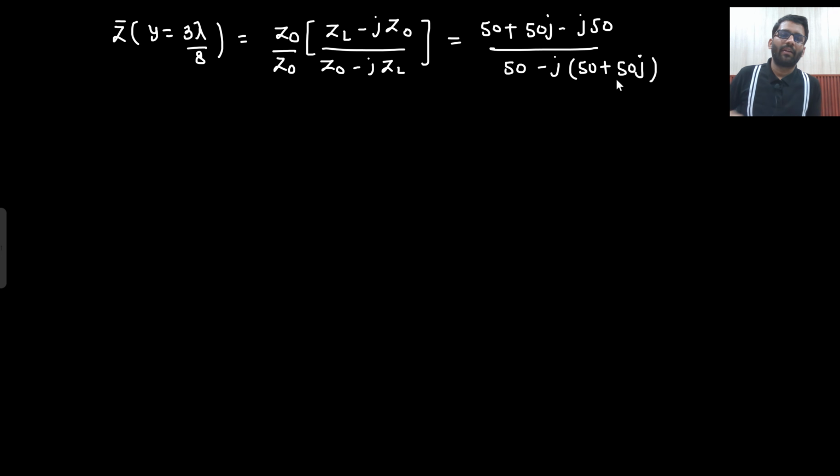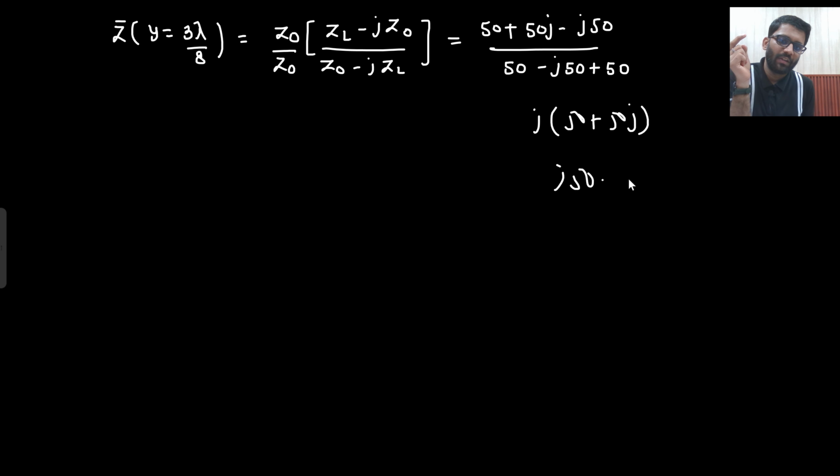Here J into 50 plus 50J was there, so it becomes J50 minus 50, and then another minus sign is there, so minus J50 plus 50.